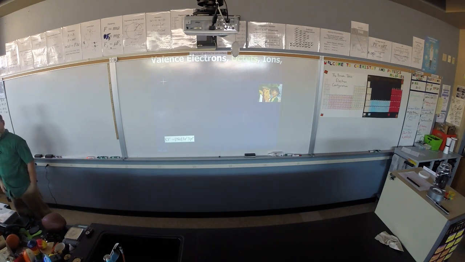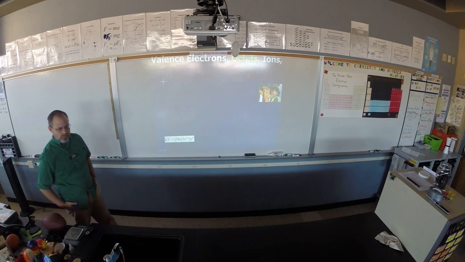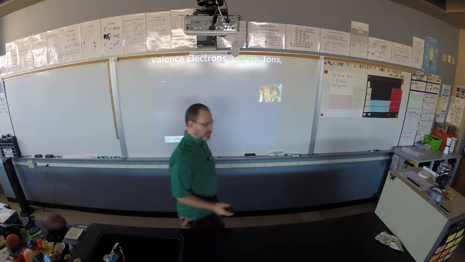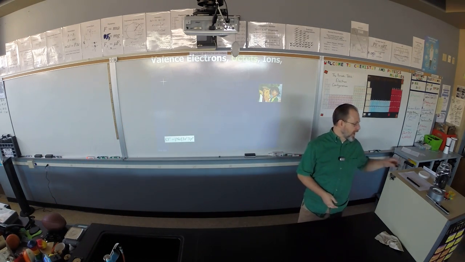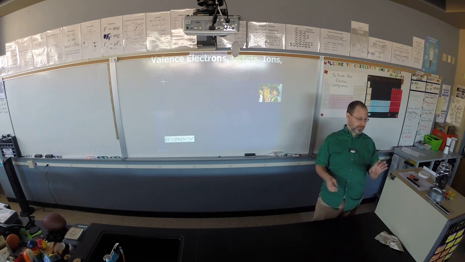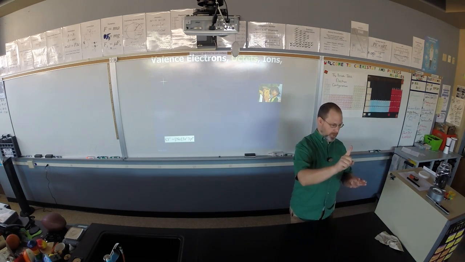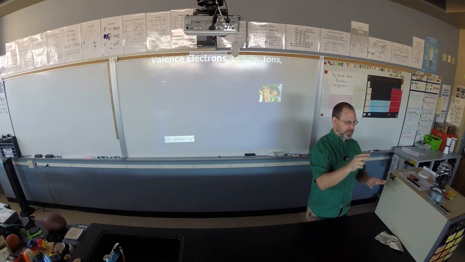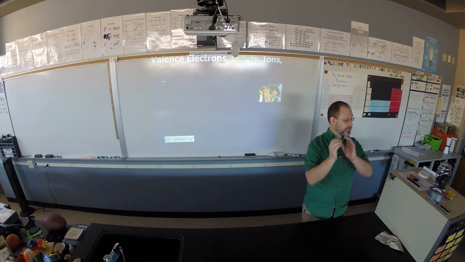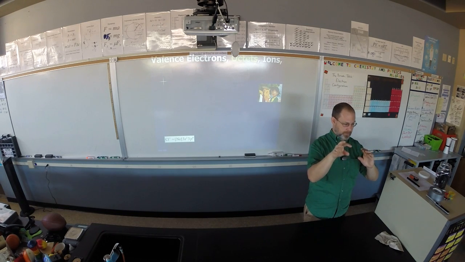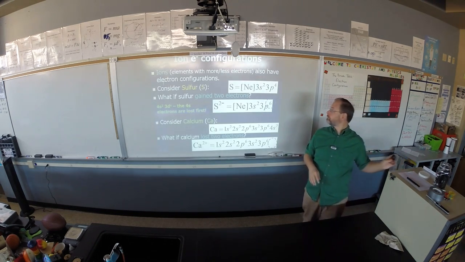Okay, so, question? I just don't get how to find the highest level. The highest number, the highest big number in front. So 1s2, 1. 2s2, 2p6 is 2. It's the number in front. So back to this slide.